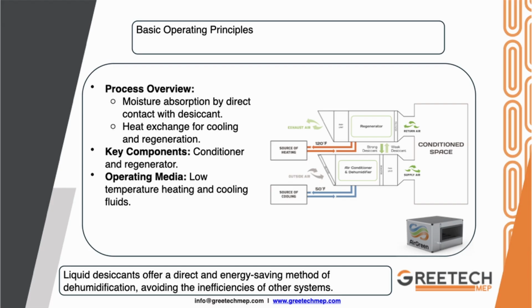And also, if the available space does not allow the system to be placed in one piece, it can be separated and placed remotely. The system takes advantage of the exhaust air in order to regenerate the desiccant liquid.